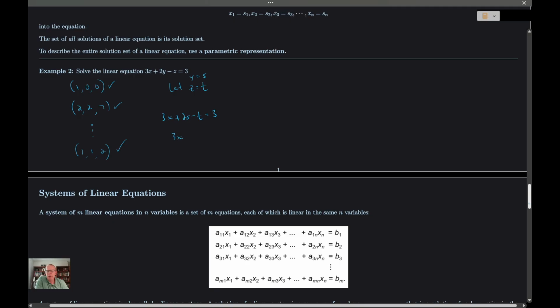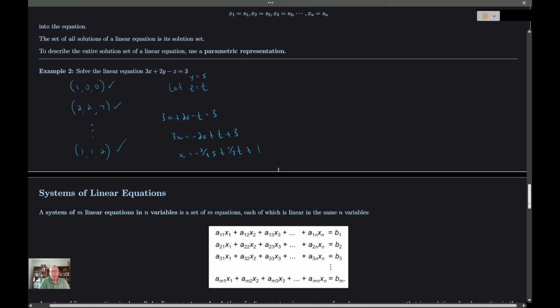So 3x equals negative 2s plus t plus 3. So we're just moving these two over. And then divide by 3. So we get negative 2/3 s plus 1/3 t. And then 3 divided by 3 would be 1.